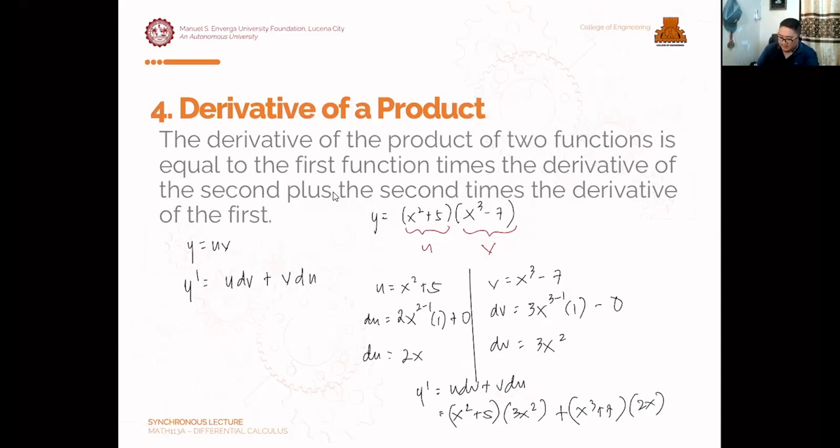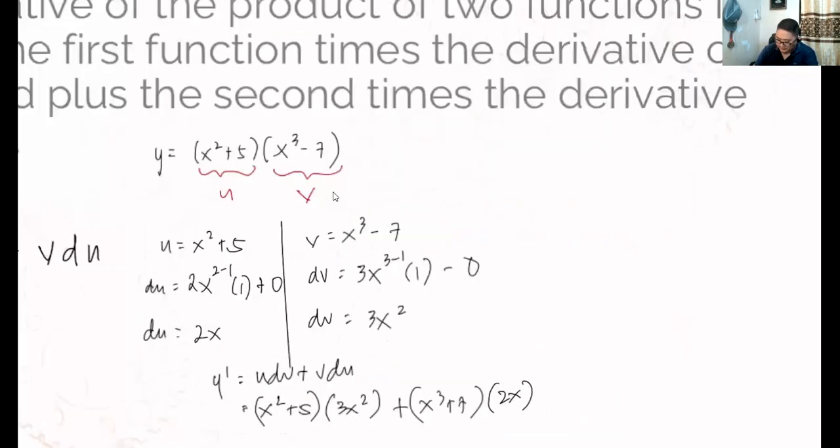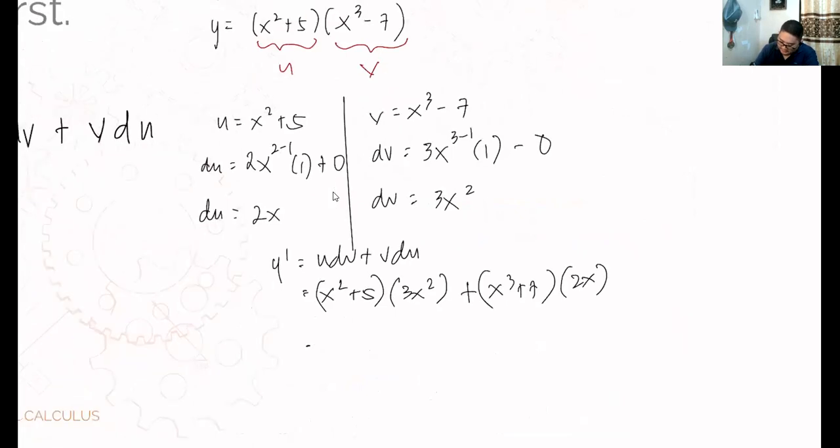Okay? And then, tsaka mo siya i-simplify. Paliitin lang natin para magkasya. Yan. So, ngayon, pwede mo na siyang multiply. So, this will be 3x to the fourth plus 15x squared. Okay? So, dinistribute ko lang to.